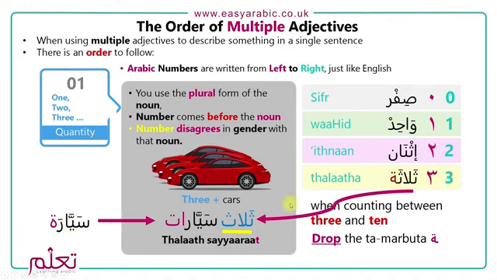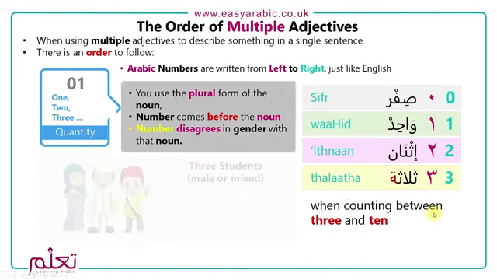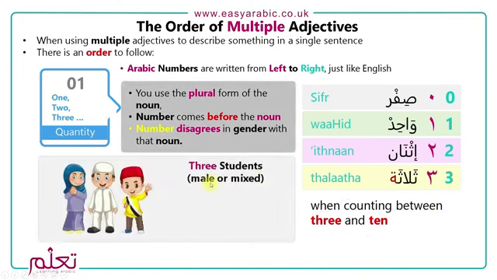Okay, if we look at another example, we'll say 3 students, male or mixed. The plural of students is tullab, and because it's a male word, when we say 3 students, we will use the number as it is. So we'll say thalath tullab.